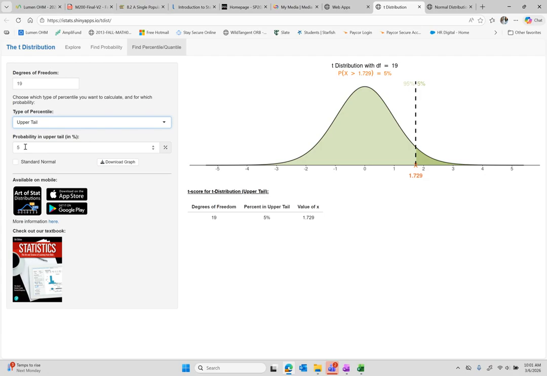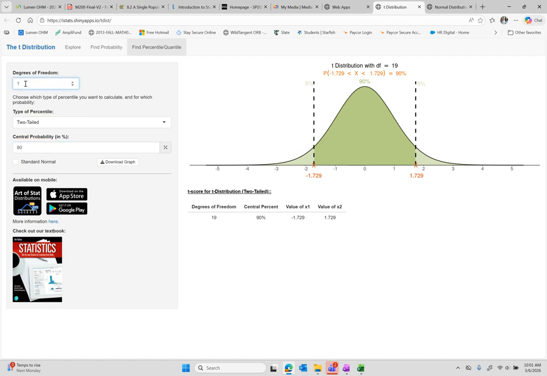If our confidence level is 90, then we want the upper half to be 5% and the lower half to be 5%. We can also do two-tailed if you are confused, and then we can have our confidence level in the middle, and then we can see that instead of 1.645, that was z alpha halves for a 90% confidence level, we have 1.729 when the degrees of freedom are 19.